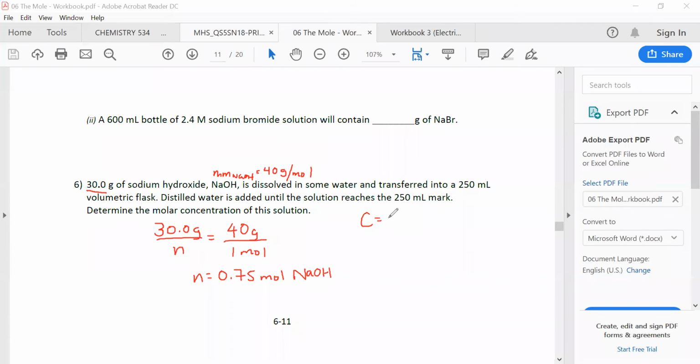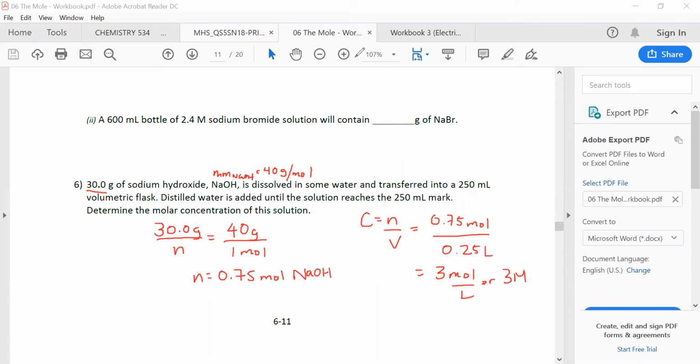And remember, C is equal to n over V, thereby having 0.75 at the top representing n, and then 0.25 liters at the bottom representing the amount of solution. And this, of course, ends up giving you a grand total of 3 moles per liter, or you can write it as 3 M. All right, folks, pretty straightforward.